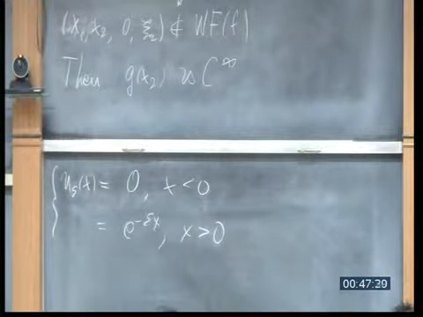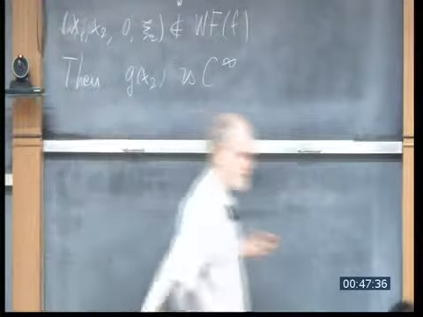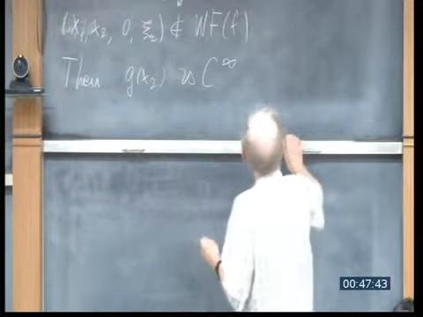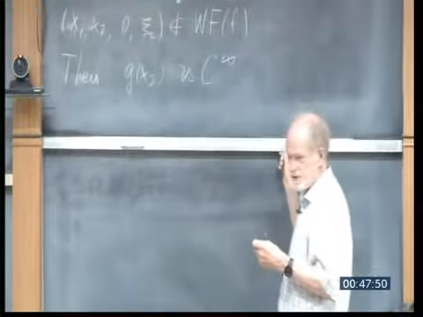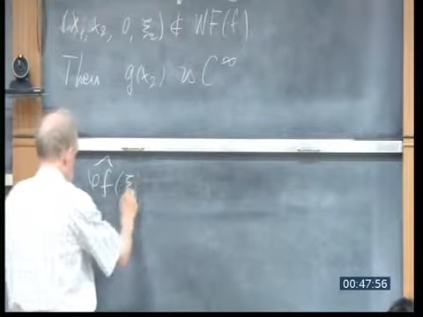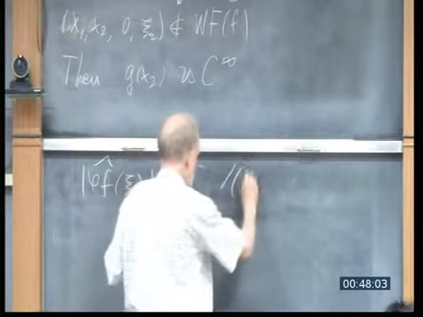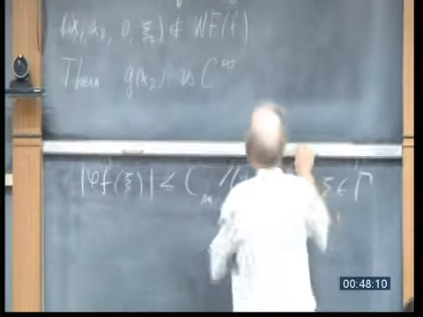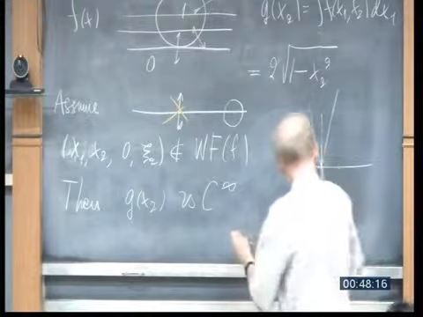The reason is pretty simple. We know by definition that if we cut off f with cut-off functions and take the Fourier transform, it will decay rapidly in a cone, a double cone, like that.